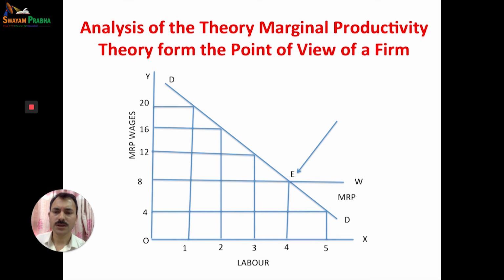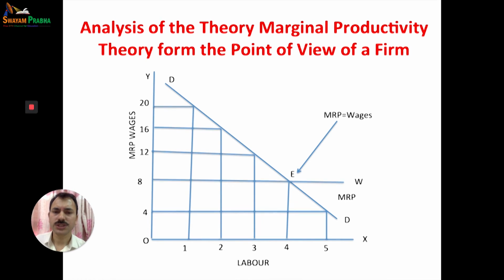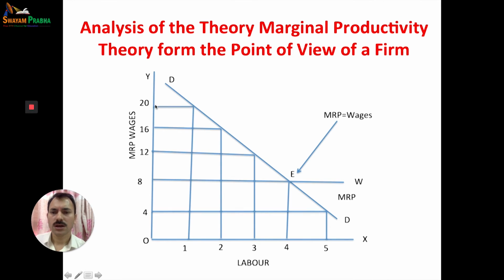On the X-axis we have labor and on the Y-axis we have MRP or wages, and DL is the demand for labor. This is the wages. Here the wage rate will be equal to MRP. As wages are higher, the labor demanded is lower.